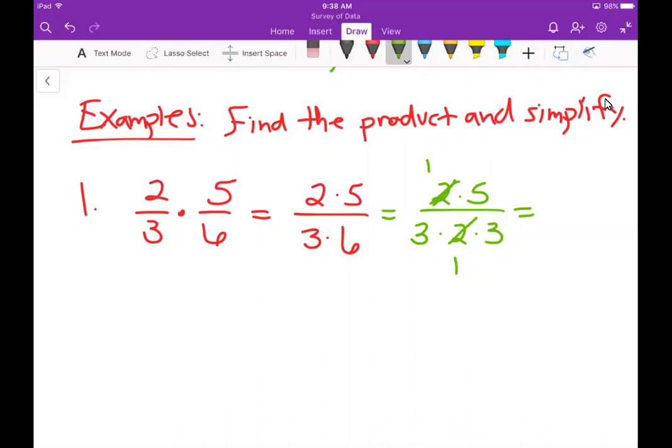So you can think about it not being there or it being a 1, because 2 divided by 2 is 1. So 1 times 5 is 5, over 3 times 1 times 3, so that's just 3 times 3, which is 9. 5 and 9, I can do one last double check. 5 and 9 do not have any common factors, so that's the most simplified version, and my final answer after taking 2/3 times 5/6.